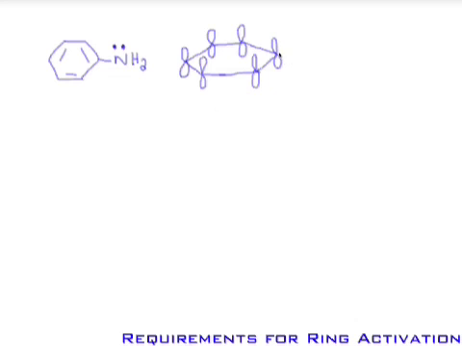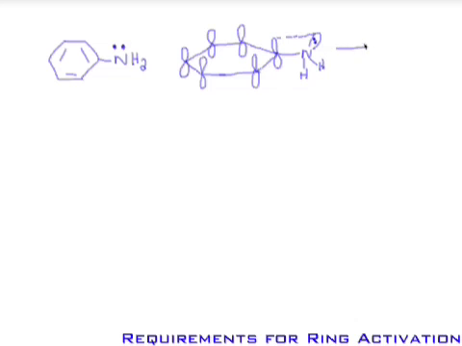And then we draw in an sp3 nitrogen. There's this lone pair. The NH2 is directed away. But even an sp3 nitrogen, which is pointed away, has a weak interaction with this pi cloud.